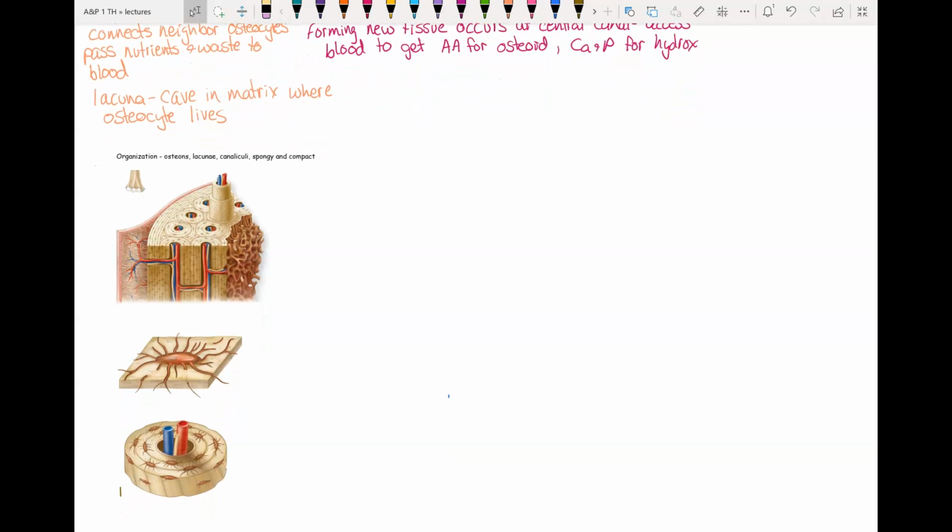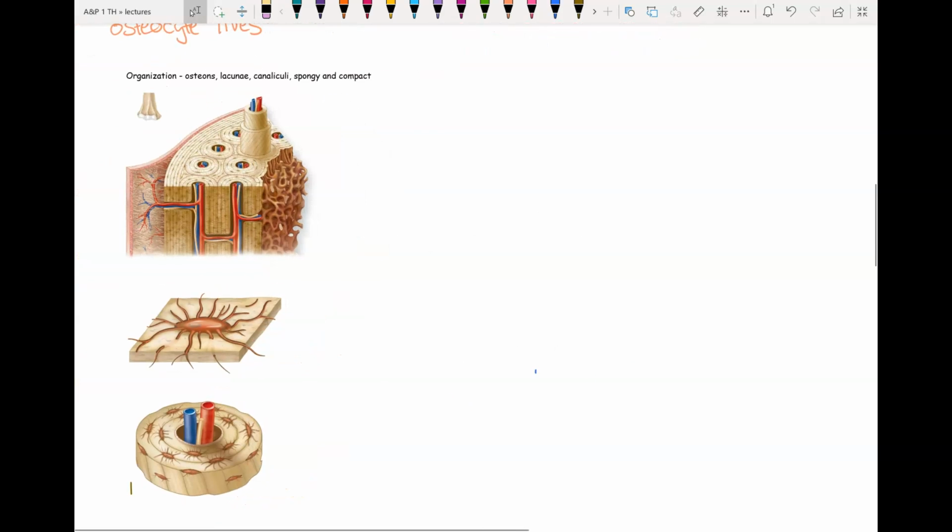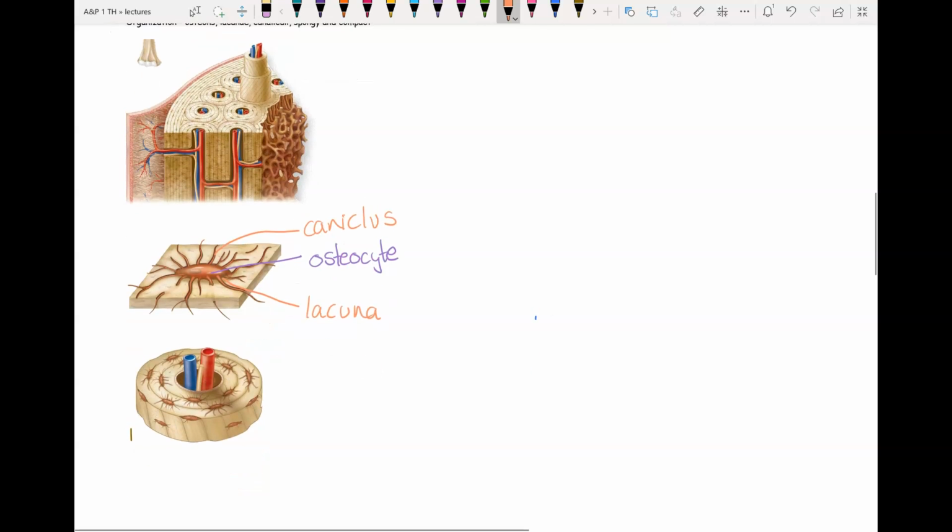So this picture is just kind of putting that all together, the organization. So just kind of a summary. So here, for example, you can see here is an osteocyte. And you can see the little cave where it lives is the lacuna. These tunnels are the canaliculi. You can see here would be the new generation of osteoblasts that are building bone tissue.